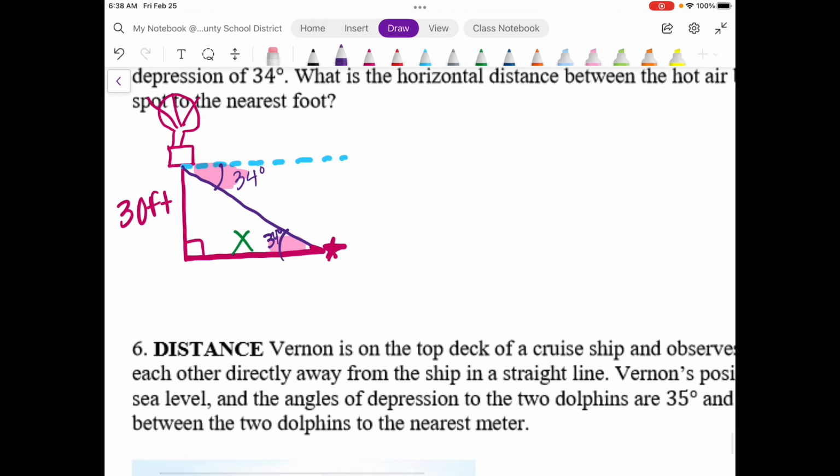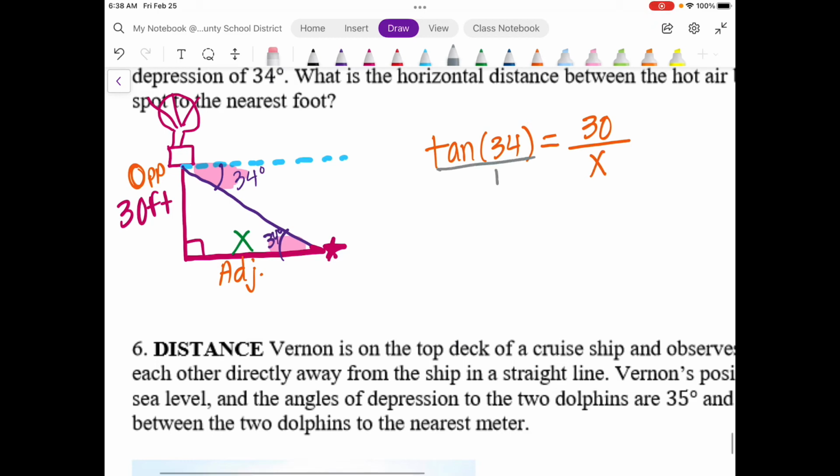The triangle I have created has opposite, and it also has my adjacent is what I'm looking for. So once again, we are using tangent. So TOA, tangent of 34 degrees equals my opposite, which is 30, over my adjacent, which is x. And again, I can put this over 1 before I cross multiply.